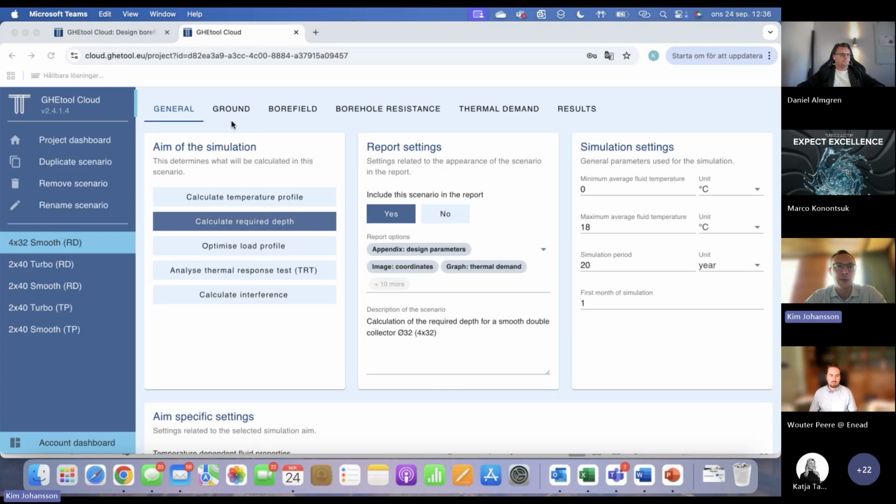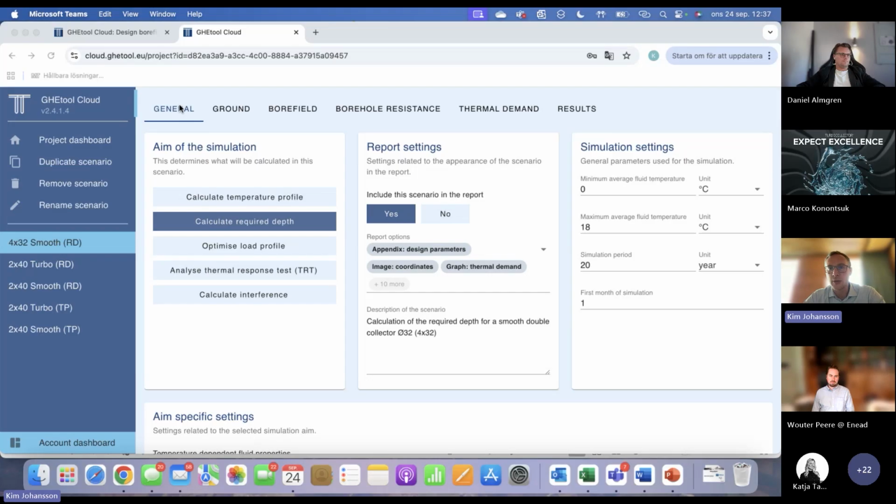And the first thing we need to decide is what is the aim of the simulation. And here we could choose some different alternatives. What we will focus on today is the option that we could calculate the required depth. And we will also take a look at the temperature profile of our calculation.